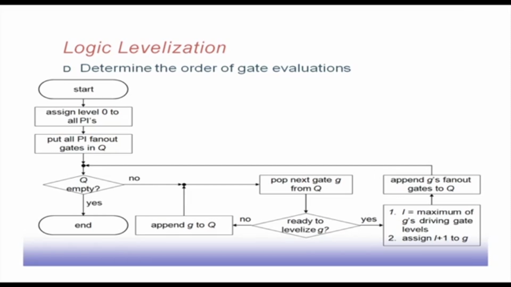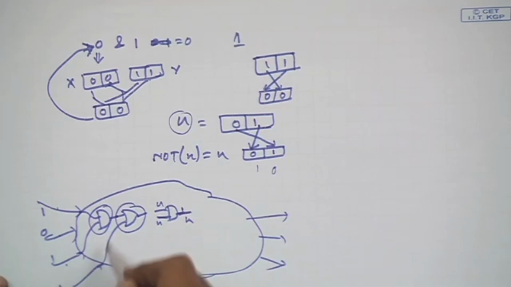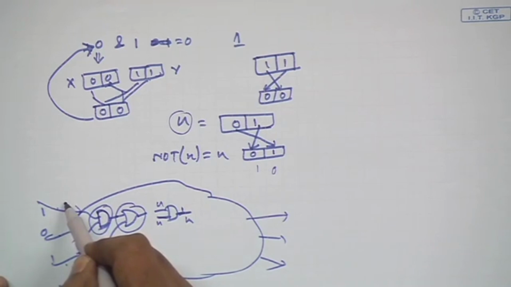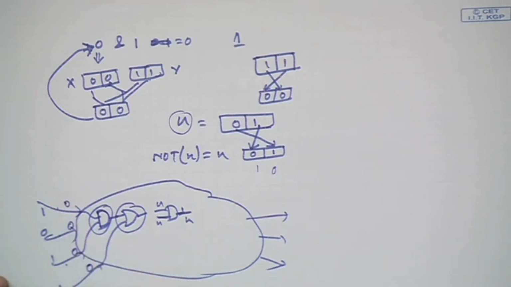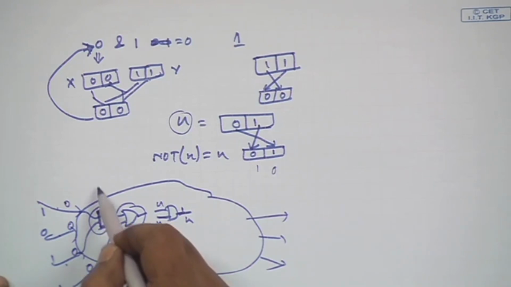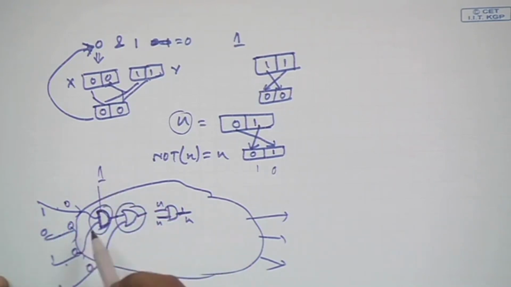What we essentially mean is that if I apply this algorithm onto this circuit, first this gate will be picked up, and these are leveled with zeros, since these are primary inputs, so they are at level 0. Now, for this gate I know that all its inputs are at level 0, so it will be leveled as 1, because 0 plus 1 is 1.